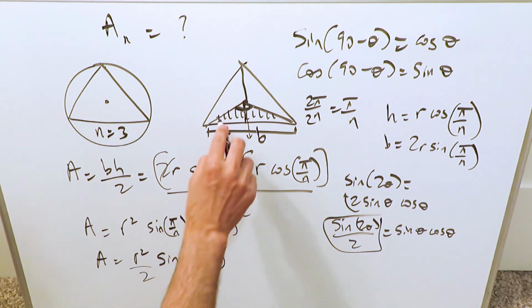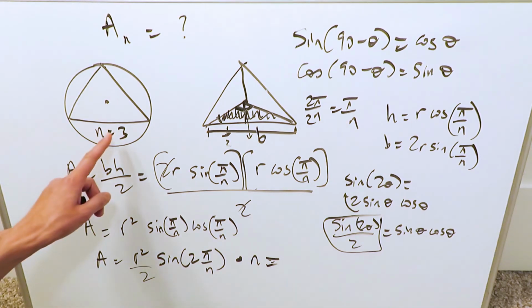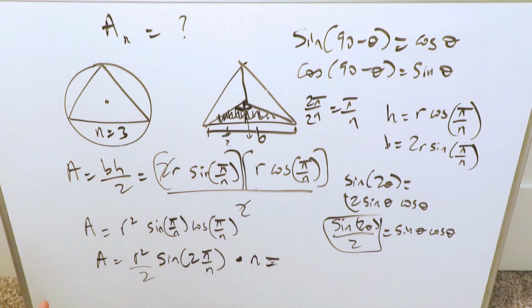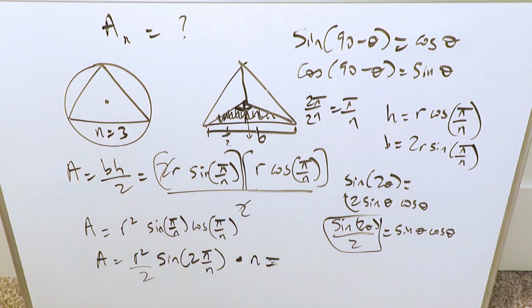This right here represents the area of all of this. All I have to do is multiply it by n, because there are n number of triangles given whatever inscribed polygon here we would be looking at. Here we're looking at 3, you would multiply by 3. But we're keeping it general because we're trying to determine a generalized formula for an inscribed regular polygon in a circle, and your answer would be multiplying with the n.